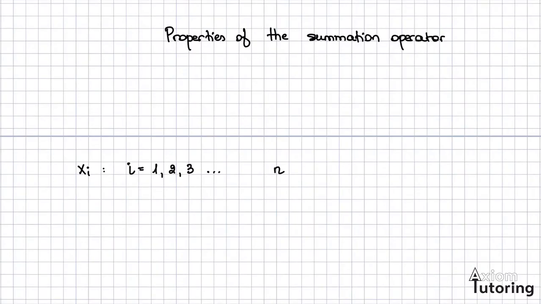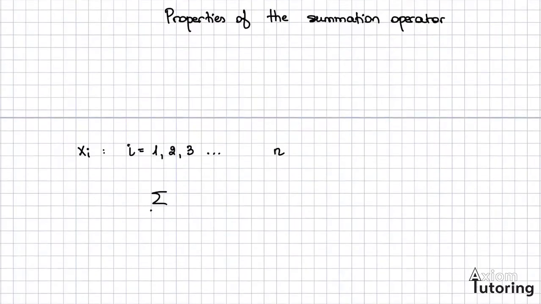Okay, so that means that, again, if we have the sum for a counter that goes from 1 to 3, for xi, that means that you simply have x1, because this is what happens to your element whenever the counter takes a value of 1.